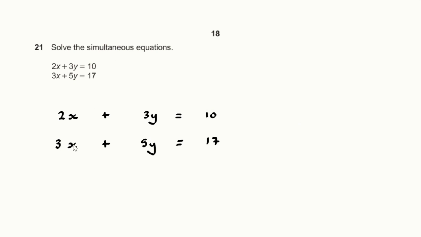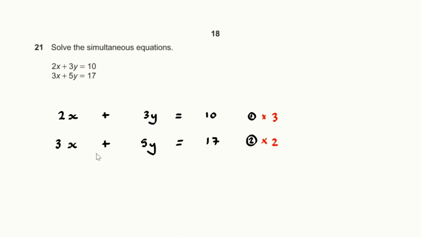I'm going to get the x's the same. Now, if I call this equation 1 and this equation 2, to get the x's the same, I look at the coefficient in equation 1 of x, that's 2, and I multiply equation 2 by that. And then in equation 2, the coefficient of x is 3, so I multiply equation 1 by 3.